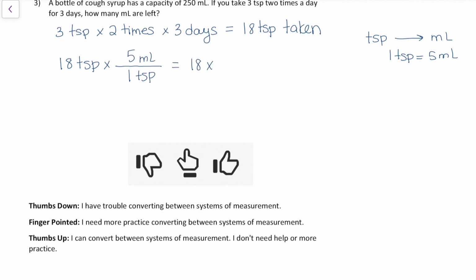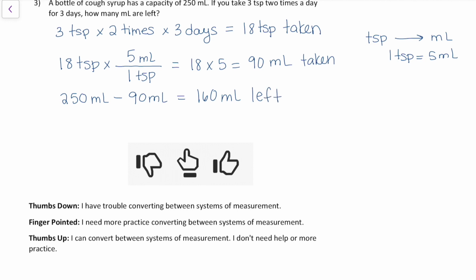So I do 18 times 5, which is 90 milliliters that I have taken. And I'm going to take my 250 milliliters and subtract the 90 we took. And we get 160 milliliters left.